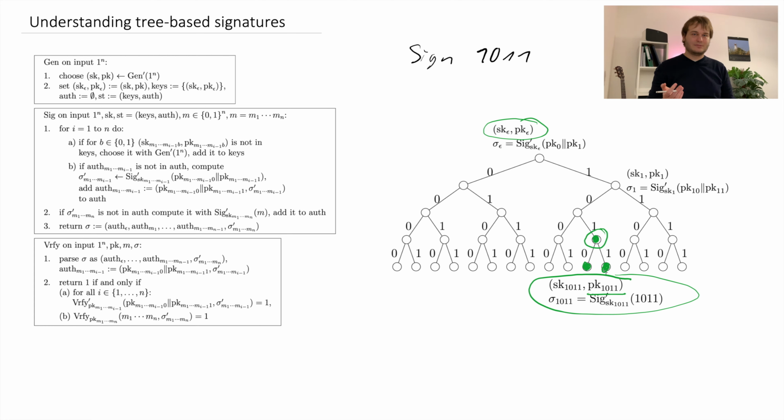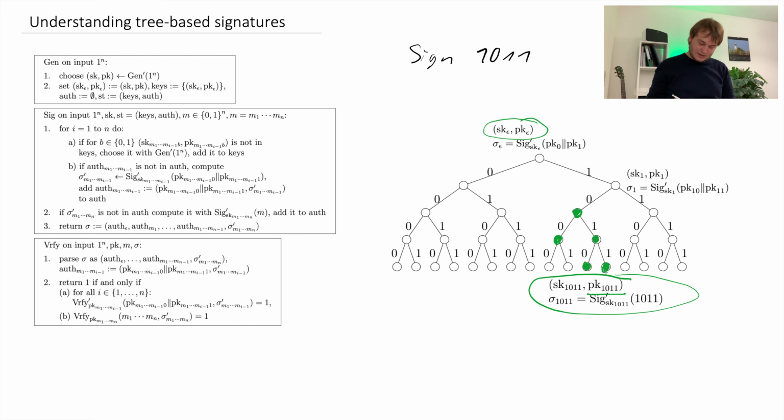public key. So then to authenticate the 101 node, this one, we will have to generate a key for this node. So again, the key for this node is used to authenticate its two children nodes, so the public keys of its two children. So in order to make this work, I also need to generate the public key of this 100 node.